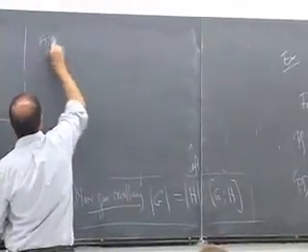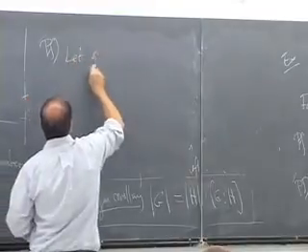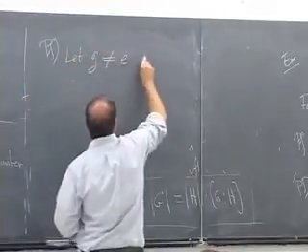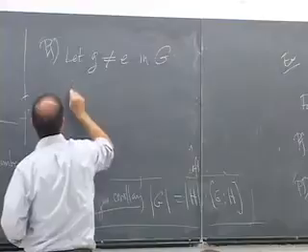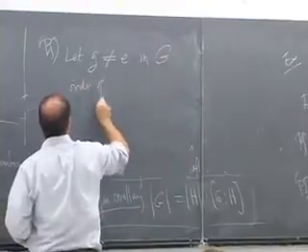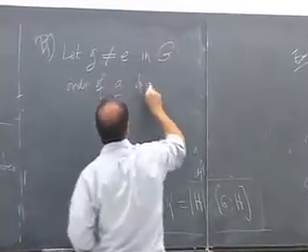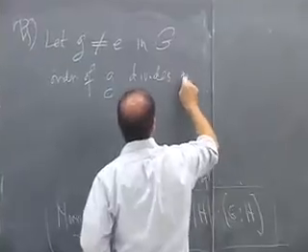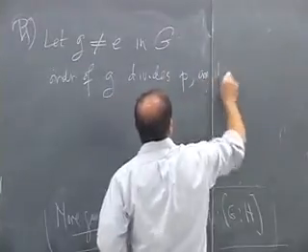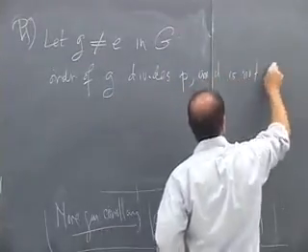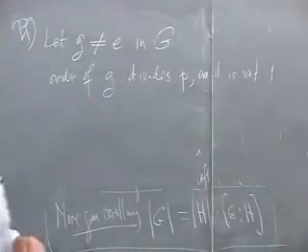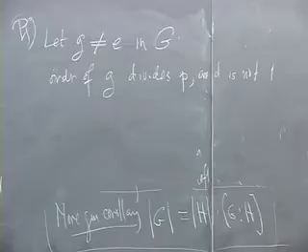Proof. Let g be not equal to the identity in G. The order of g divides p and is not 1, because the only element of order 1 is the identity element. Good?